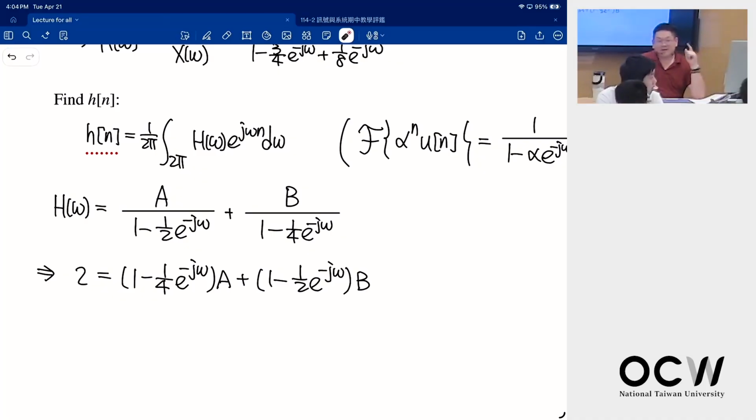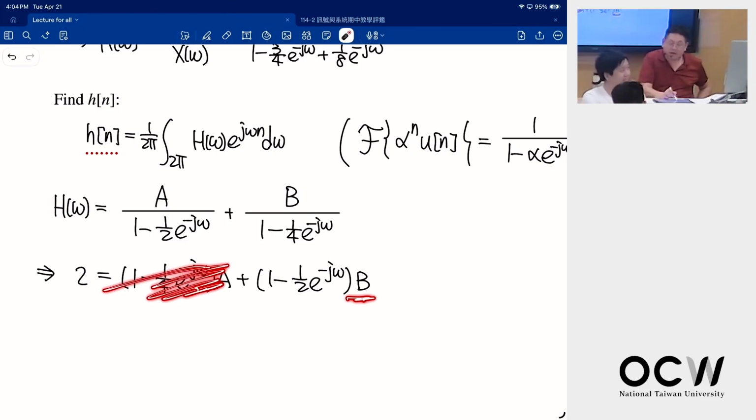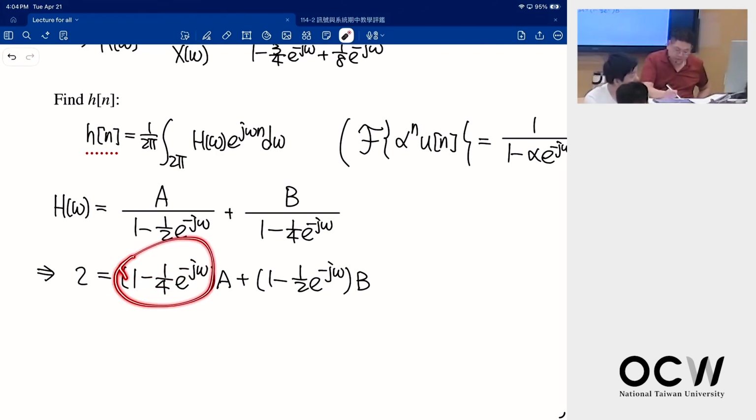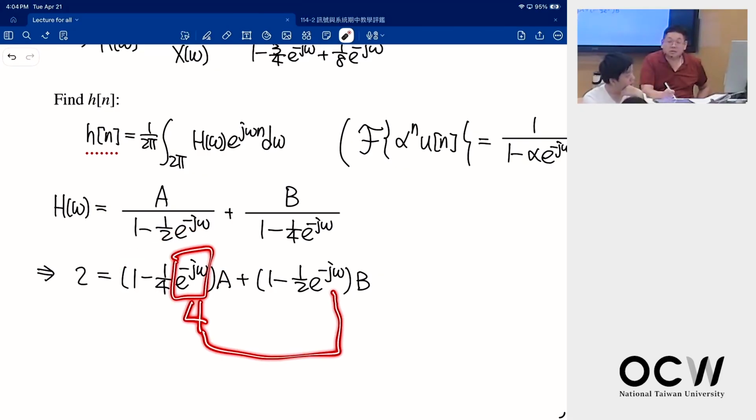All right, so to find first, for example, to find b, which means I don't want this term, right? If this is 0, that'd be great. If this is 0, that means this should be 4. Correct? So this is 4. Okay.